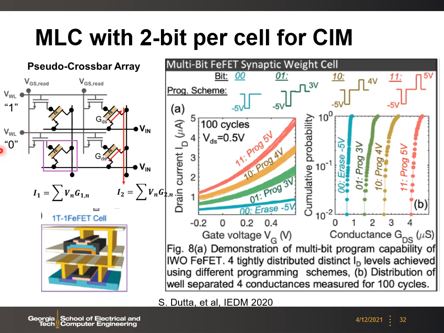This is because the FeFET, after the programming, will have a negative threshold voltage. If we don't have the selection transistor, then even if the input is 0, the FeFET, if it's programmed, will also contribute current. But ideally, we know that with input 0, the output should also contribute negligible current. Therefore, we need to use a regular transistor to cut off the current from a fully programmed FeFET cell.